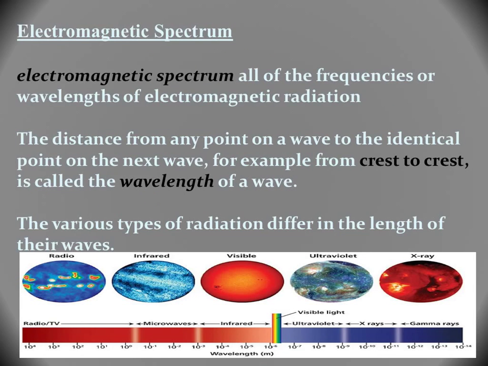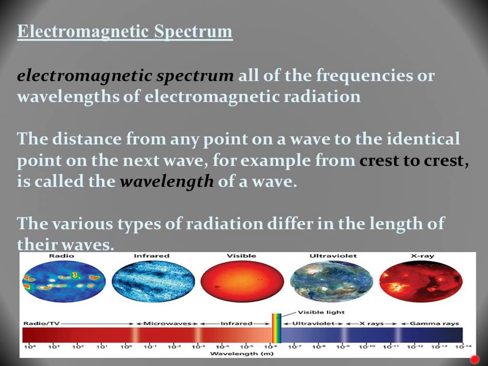And what we can do is we can look at these forms of radiation and rank them based on wavelength, or how long it is from the start of one wave to the start of the next wave. Also look at them in terms of energy. The longer the wavelength, the less energy. So if we look over here, down here where we have radio and TV waves, these are the longest wavelengths. They have the least amount of energy.